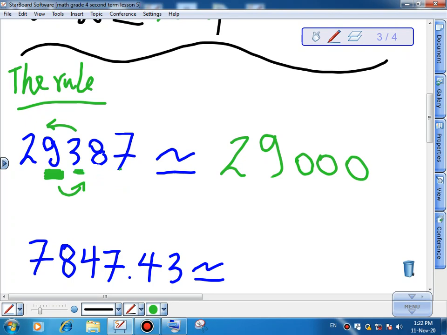I only look at the hundreds place, which is 3. 3 is a weak number, so it will do nothing. Just replace it and every digit after it with 0, and 9 will never change, and 2 will stay 2.